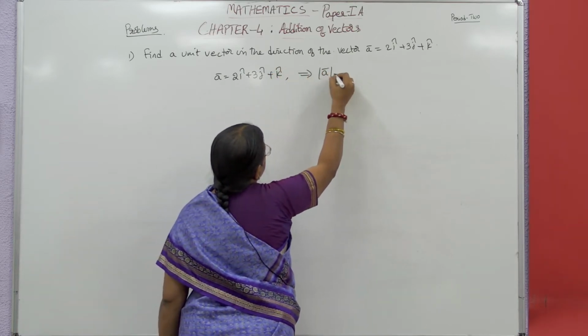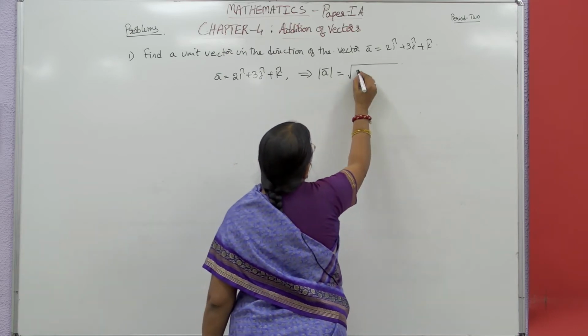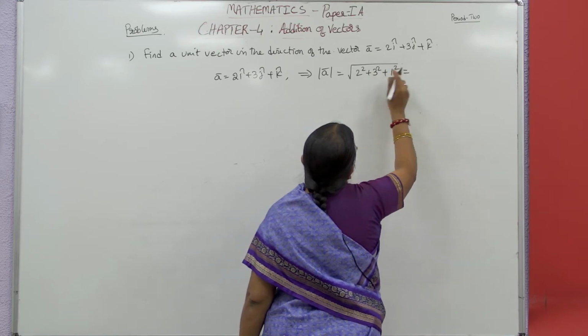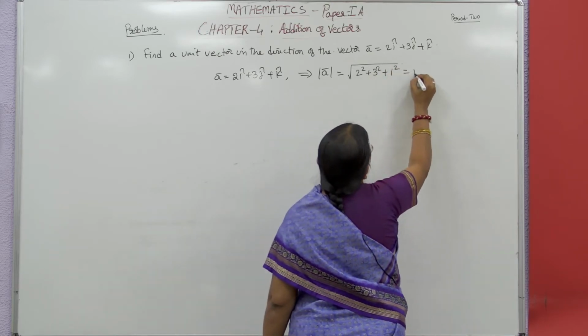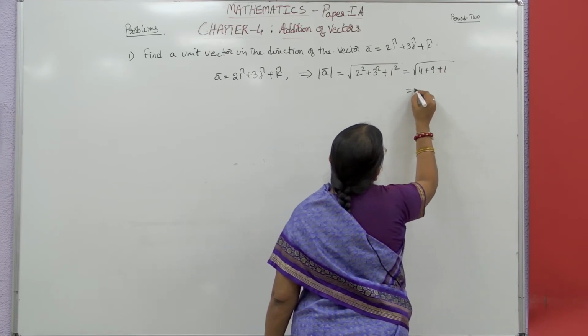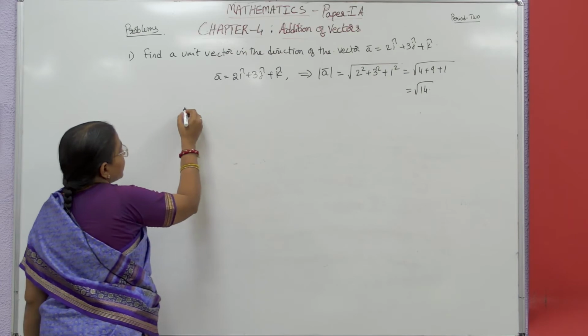Mod A is root of x square plus y square plus z square. That means 2 square plus 3 square plus 1 square. That is 4 plus 9 plus 1, that is root 14. So now we'll write the formula and write the answer.